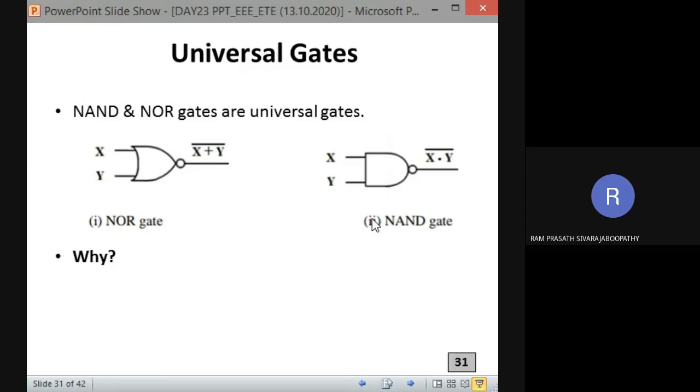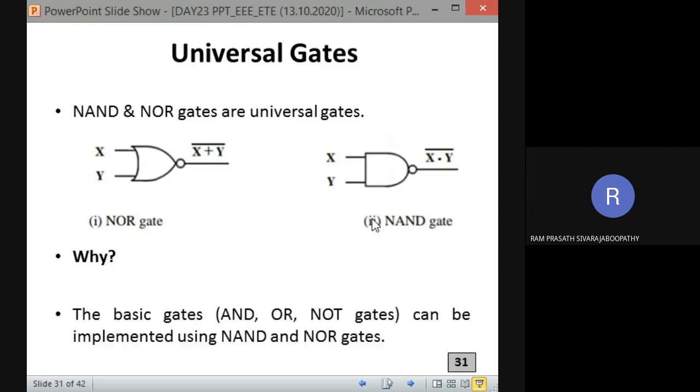With this gate, we can perform basic gate functions also. Very good. That is the correct answer, Rizwan. Okay. So the basic gates AND, OR, NOT gate can be implemented using NAND and NOR gate. So how we can implement those things, that only we are going to see now.